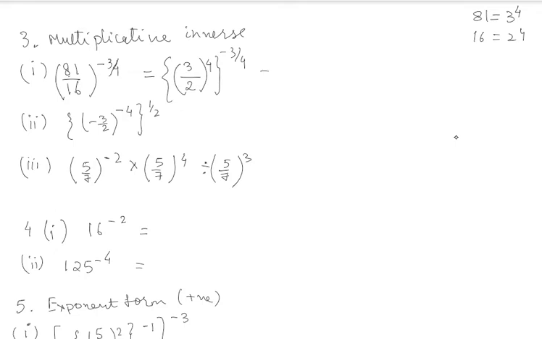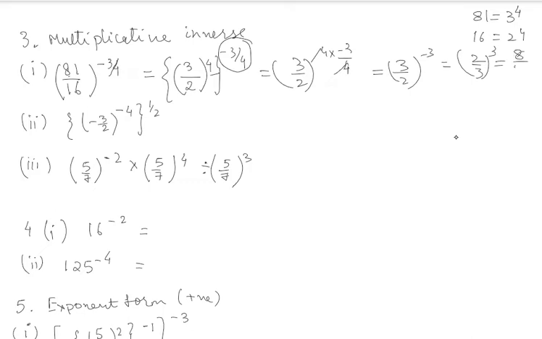So using the formula, 4 and minus 3/4 are multiplied, so I get 4 into minus 3/4, so that becomes (3/2) to the power of minus 3, which is equal to (2/3) whole cube. Again I can write this as 8/27. So the multiplicative inverse will be 27/8.